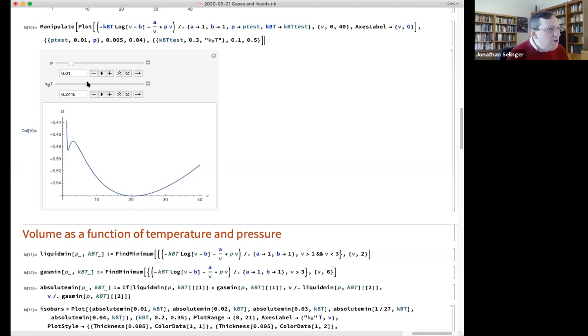Well, that's interesting. Let's keep reducing the temperature. Now we can see that this lower volume minimum keeps getting lower. It's almost the same as our first minimum. At a certain temperature, whoa, it is the same.